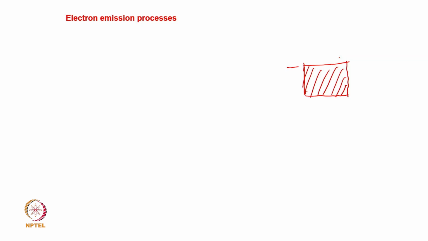that in a metal the electrons are filled up to a state which is the Fermi level. And then I define another energy level, this is the E vacuum, or vacuum energy level.